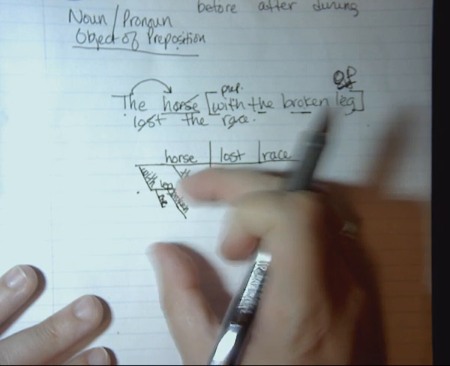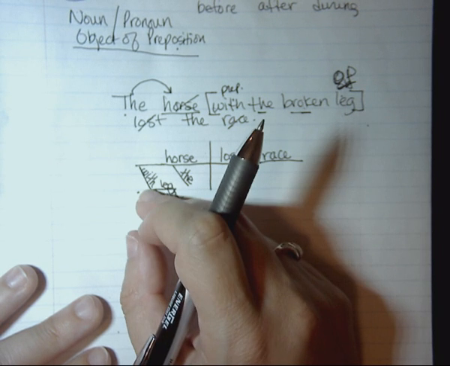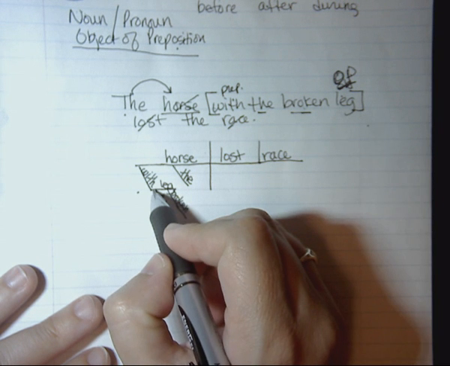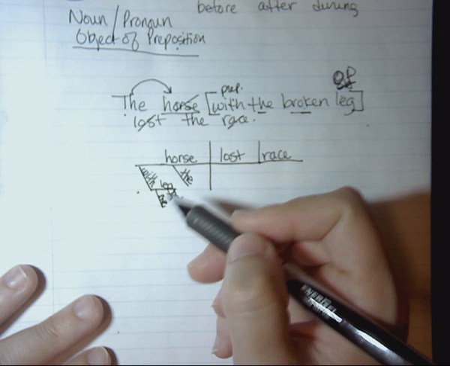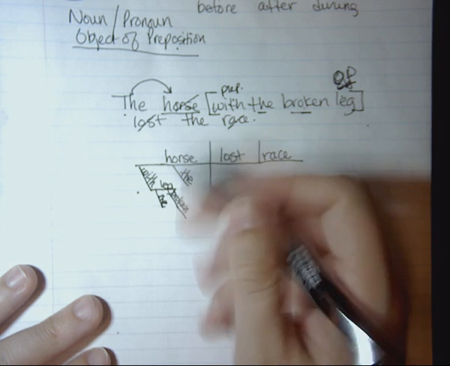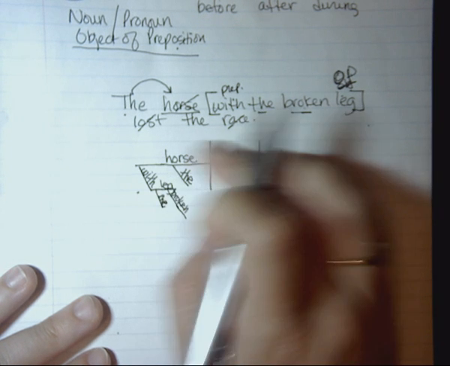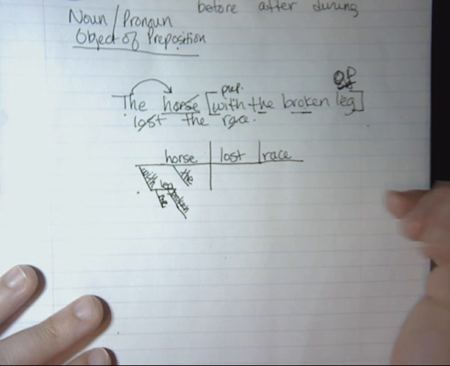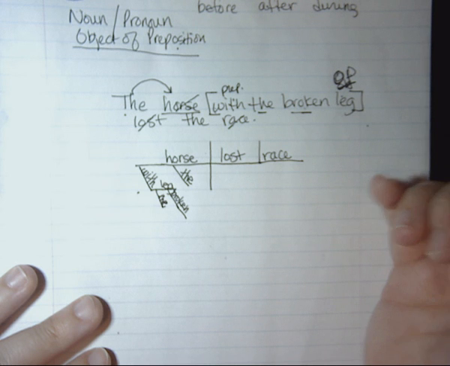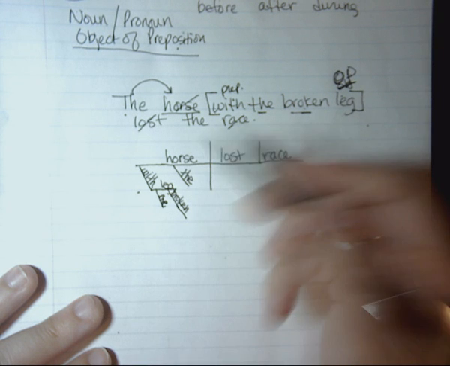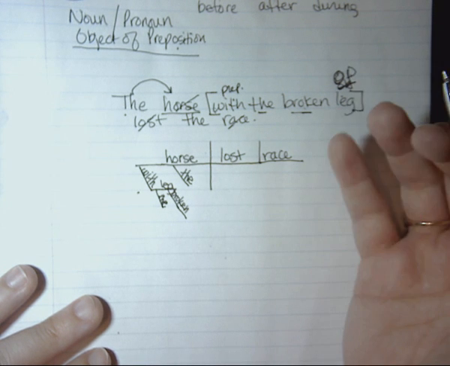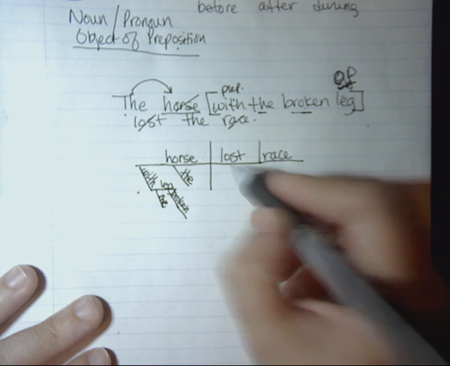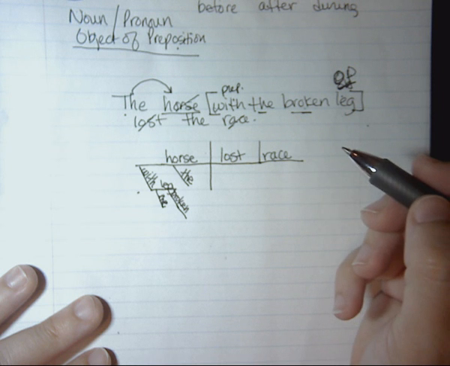Now, prepositional phrases are always going to stay together in a diagram, but you don't always put them under the subject or always put them under the verb. You put the entire phrase under the word it most describes. Sometimes, like this one, it's an adjectival phrase. It's describing a noun. Sometimes it'll be an adverbial phrase. It will describe how or when something happened, and that will go under a verb.